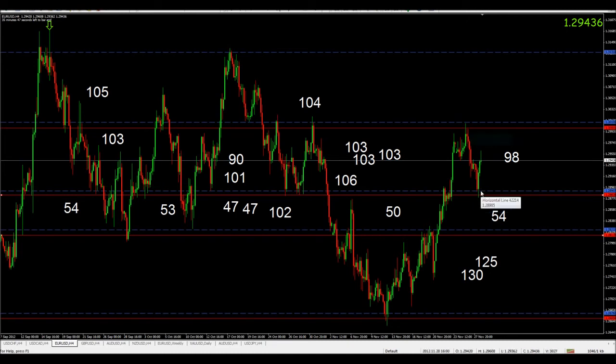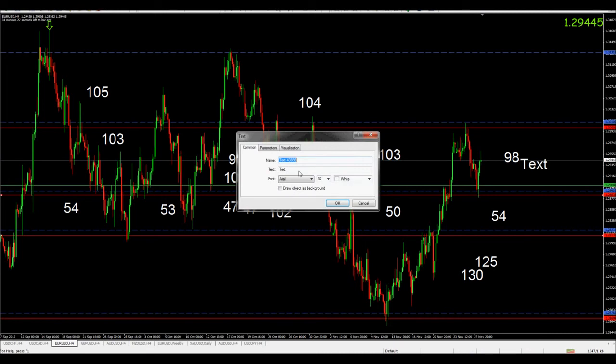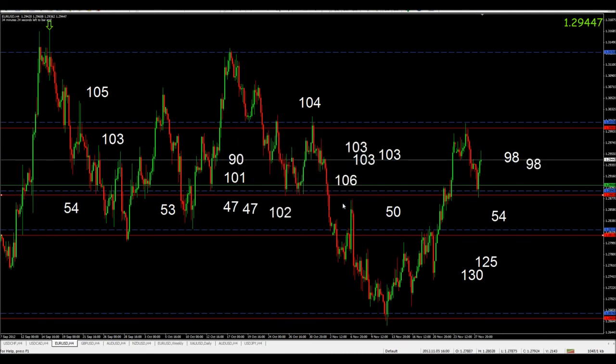And then this sell went to take profit, which is 98 pips as well. Okay, and so now we'll see how much negative. Oh, whoops, that one actually stays.